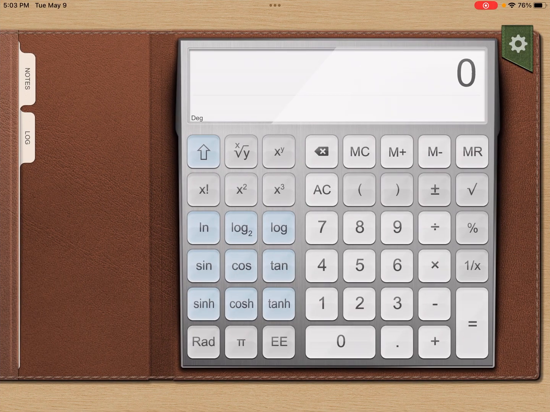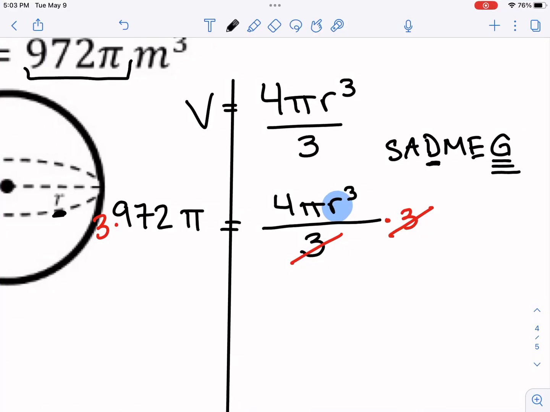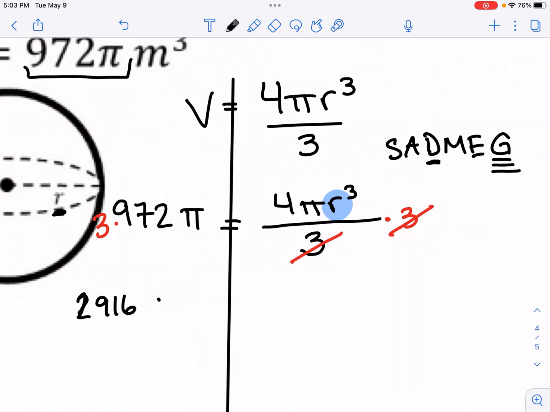It's going to be a big number. 2,916, so 2916. Don't forget the pi. And then off to the right, we're still left with just our numerator. No dividing by 3 here.